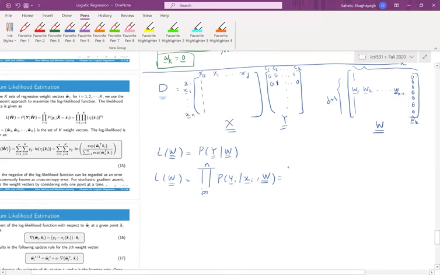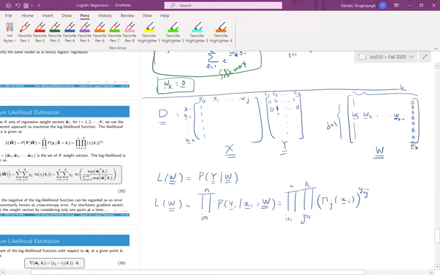We are going to have i equals 1 to n, and now j equals 1 to k. For each of the classes, we have the probability of yi belonging to class cj. So basically, this is going to be translated to pi sub j of xi to the power of yij. What is yij?